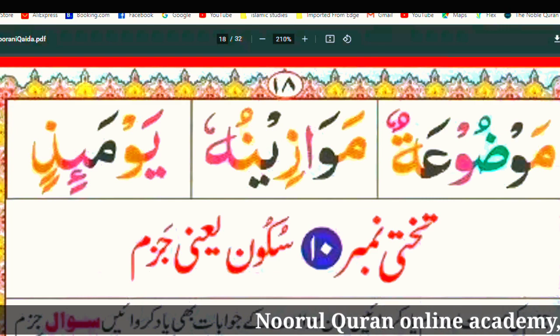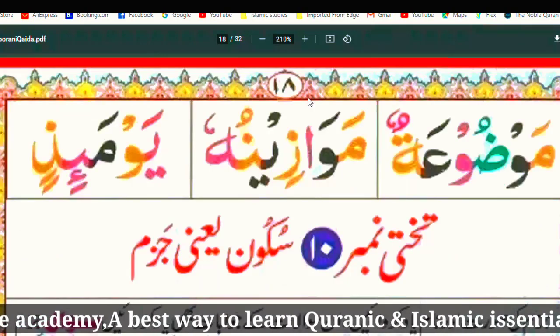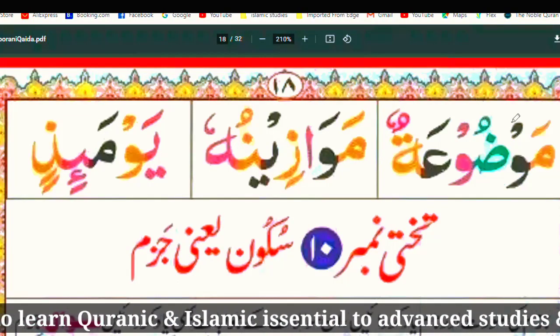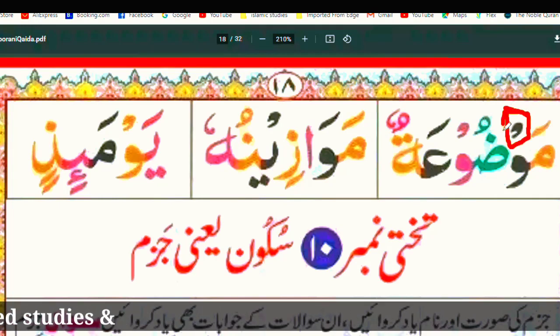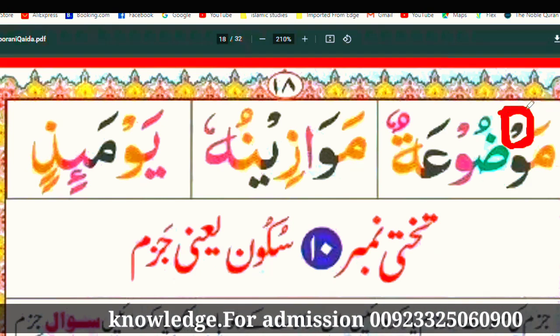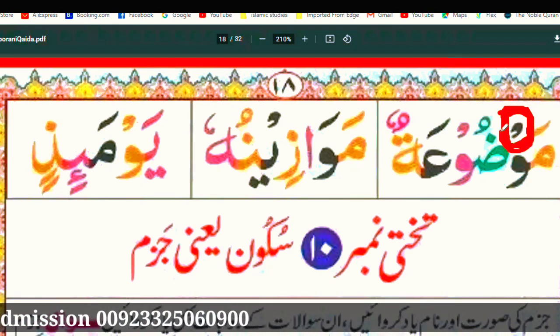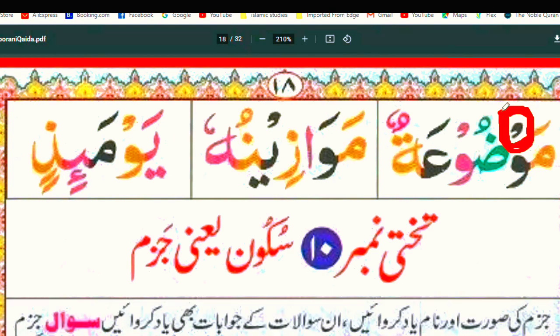We know the Jazam and we have been reading it. This is Jazam, the tiny shape. It is a kind of dal. It seems like a small tiny dal, and it is on the top of any letter.